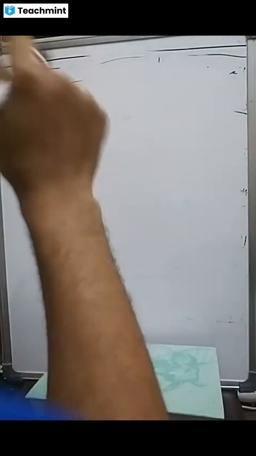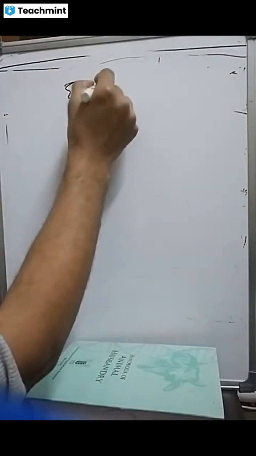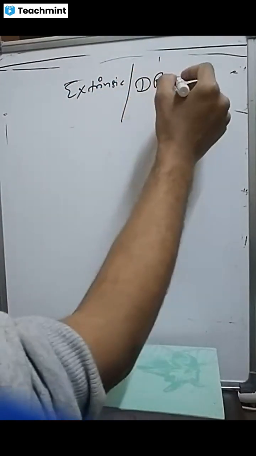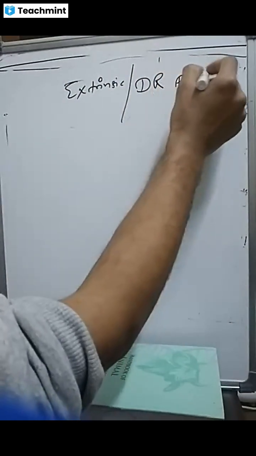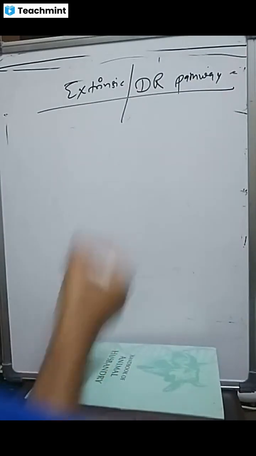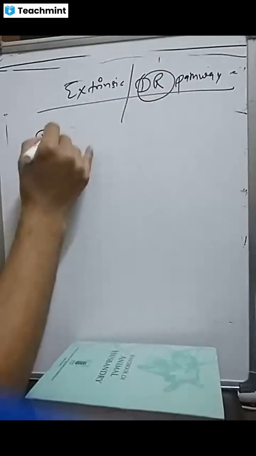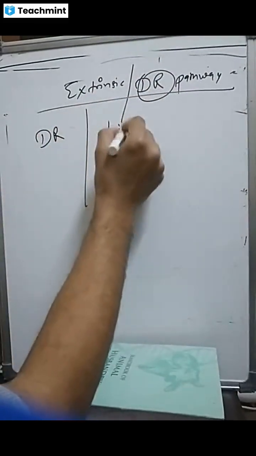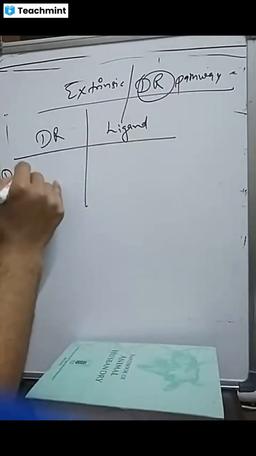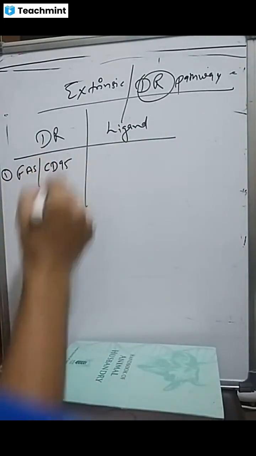Then next is the extrinsic or death receptor pathway. Extrinsic or death receptor mediated pathway. The term is death receptor. So there are death receptors and their ligands. What are death receptors? FAS, it is also known as CD95.